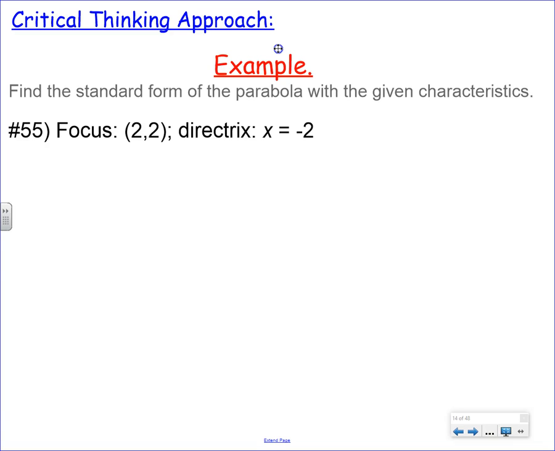Okay, we'll see if that turns it on. A couple more seconds. Remember, the focus is the point. The directrix is a line. The focus is the point, and the directrix is the line.